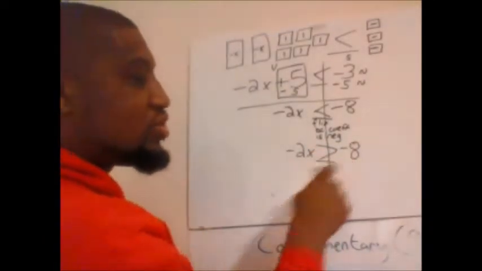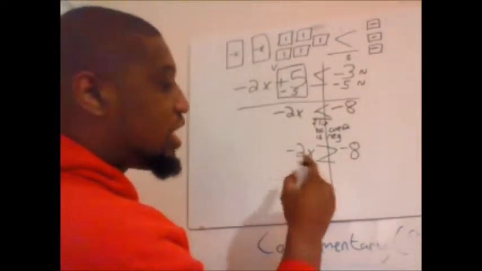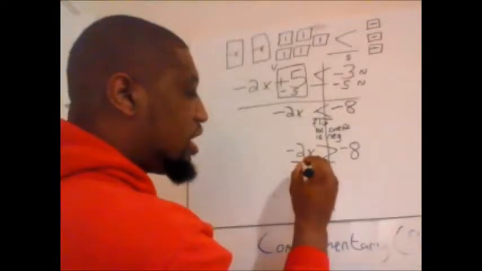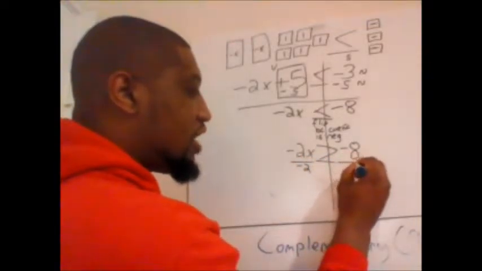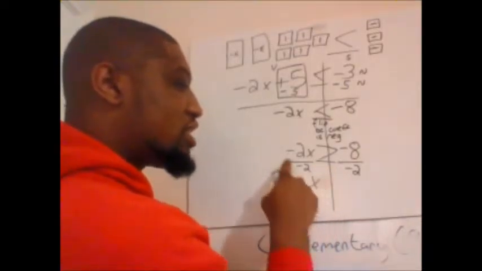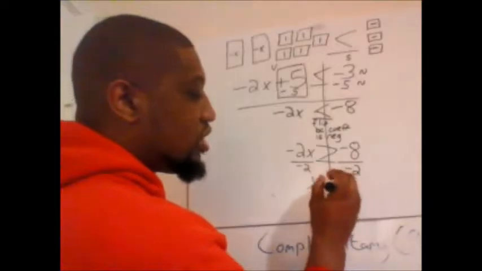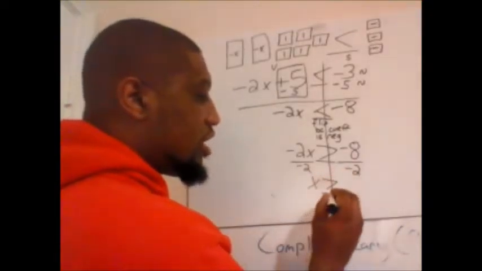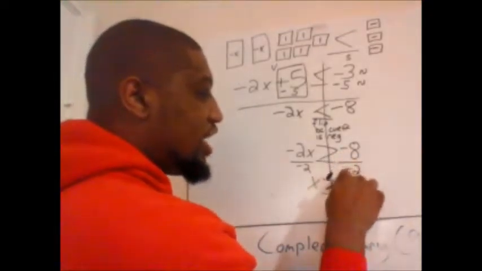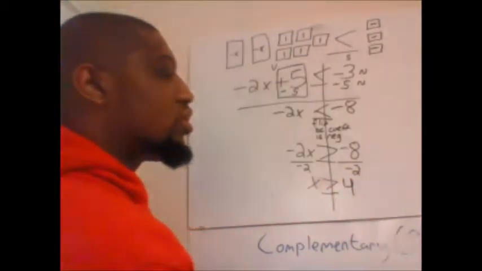Now that I got negative 2x and a negative 8, because this negative 2 is multiplying, I need to divide by negative 2 here, divide by negative 2 there. I end up with x on this side because negative 2 divided by negative 2 is a positive 1. Still keeping it that way. And negative 8 divided by negative 2 is a positive 4.